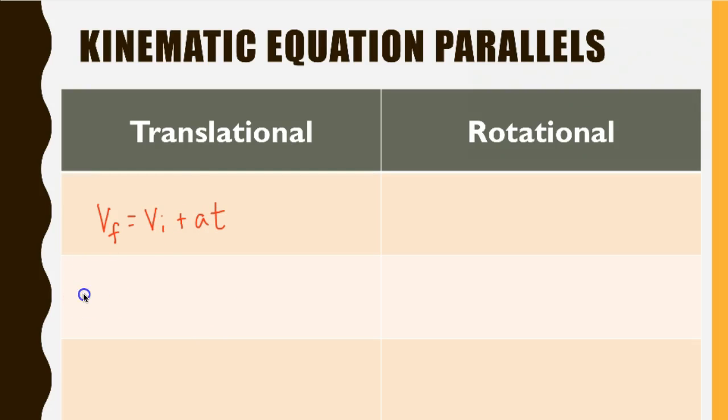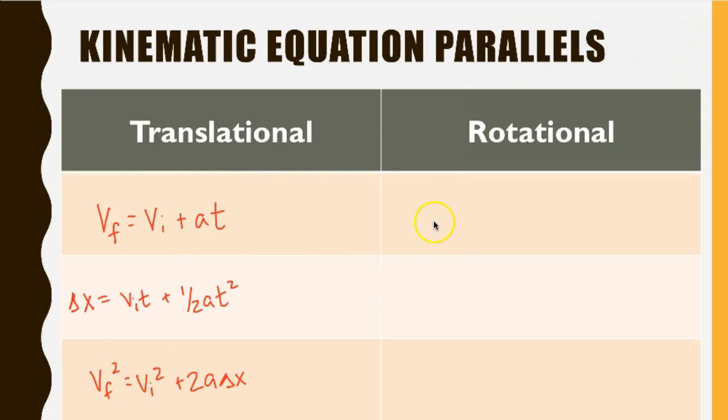I think of this formula that says delta x equals vi times t plus 1/2 at squared. And I think of this formula. Those are my big three, and there are other ones that are manipulations of those, but those are my big three.